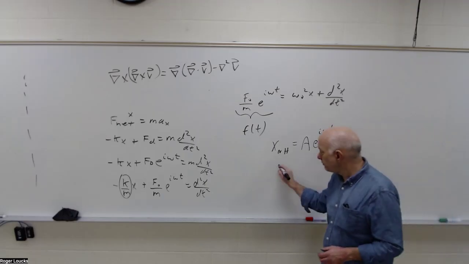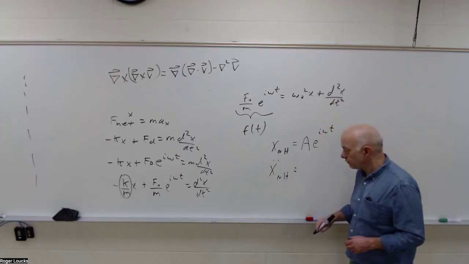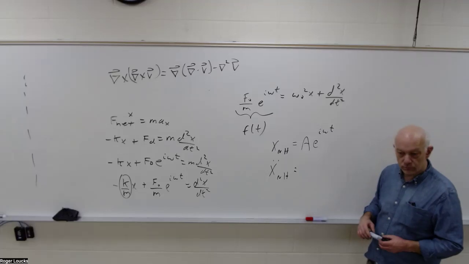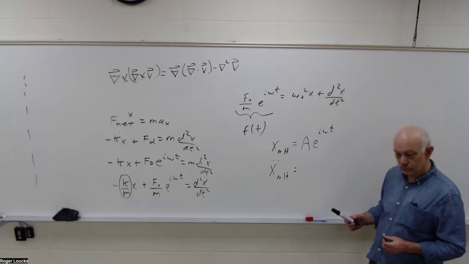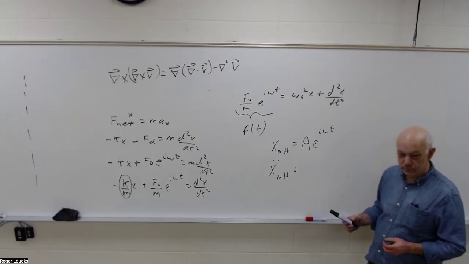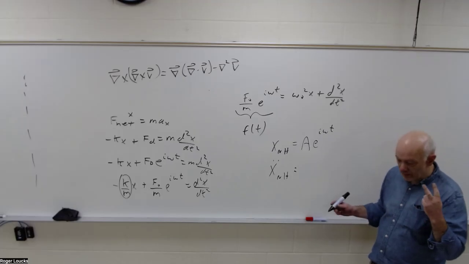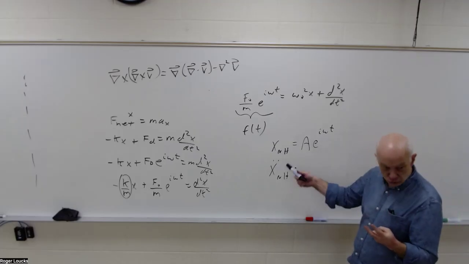So if I take two derivatives of this, two time derivatives, what does that give me? I put on an i omega for each derivative.